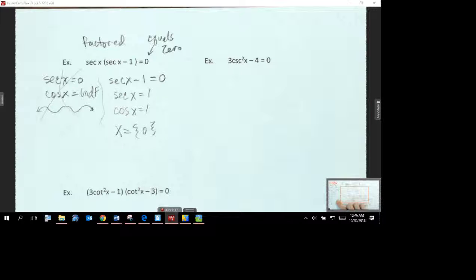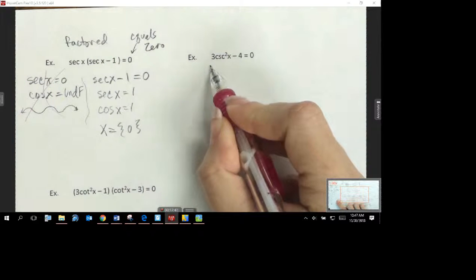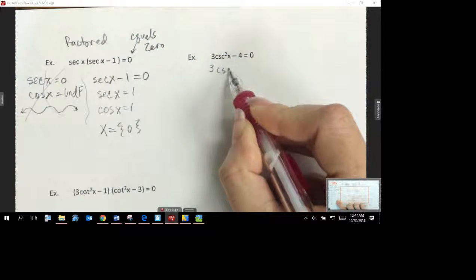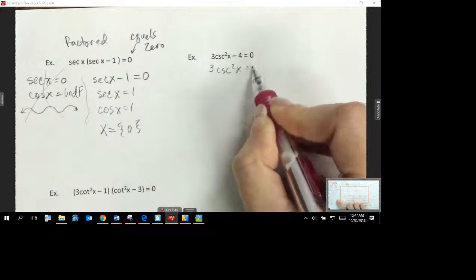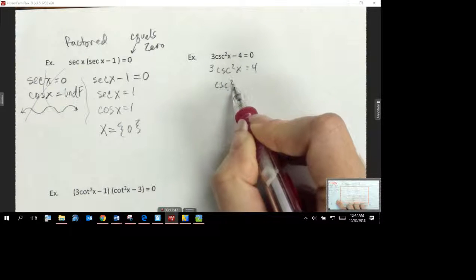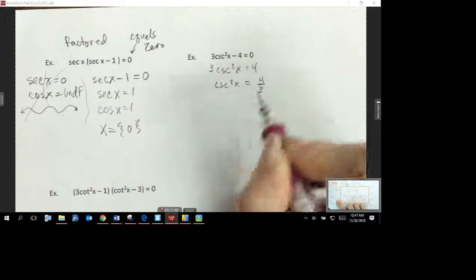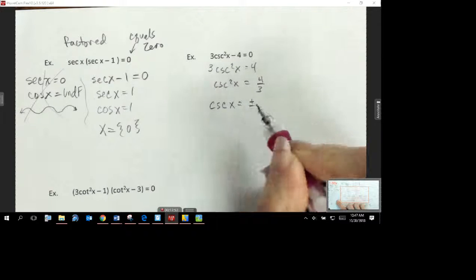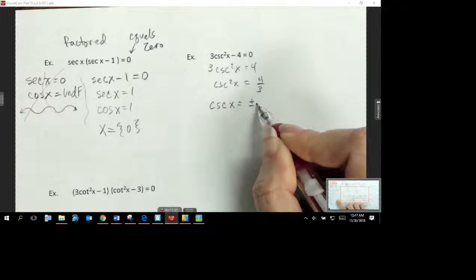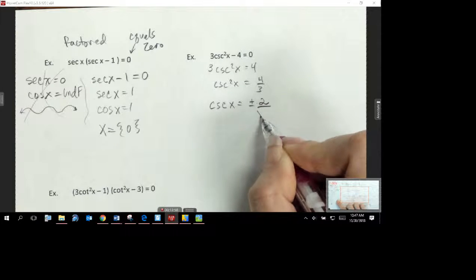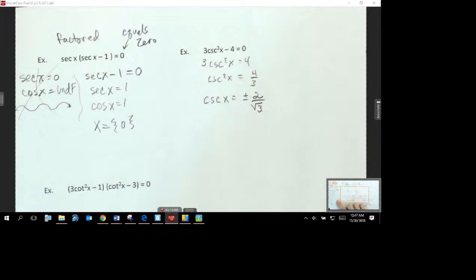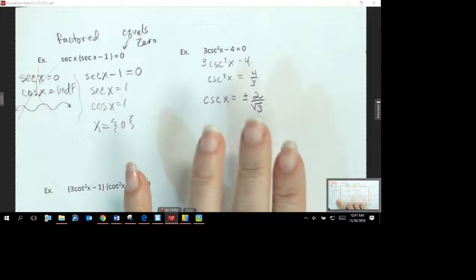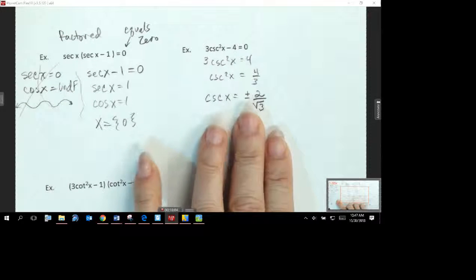All right, I've walked around. You guys are definitely on the right track. Let's see. Added 4, divided by 3. Square rooted. Okay, then some of us rationalized here.